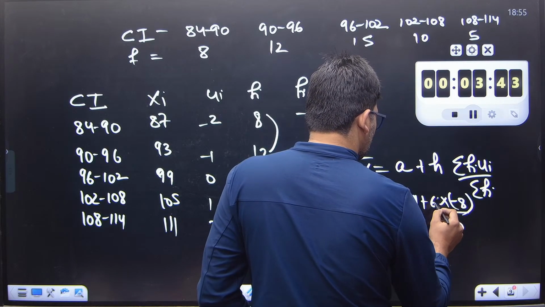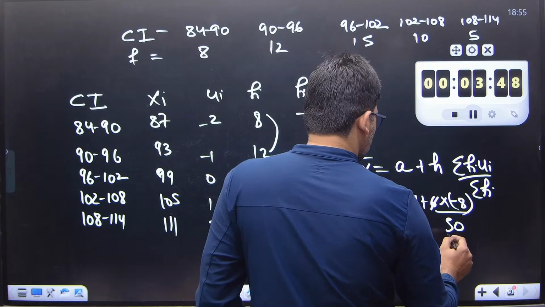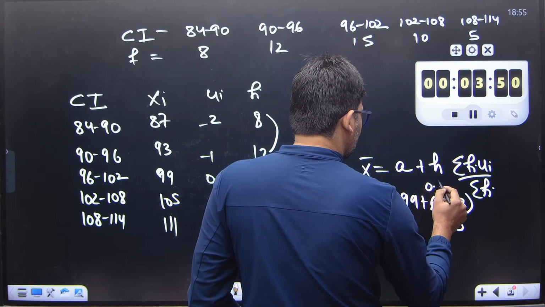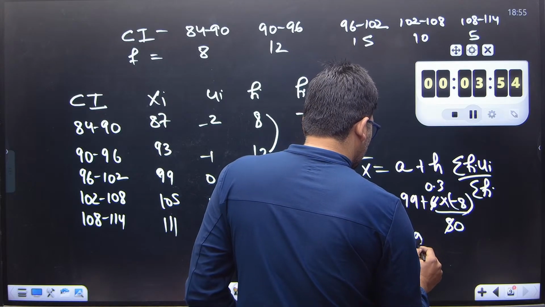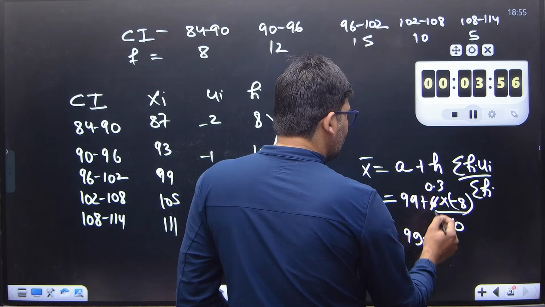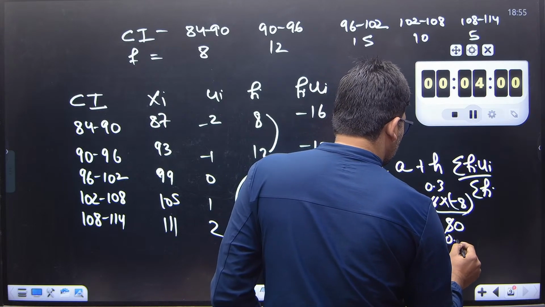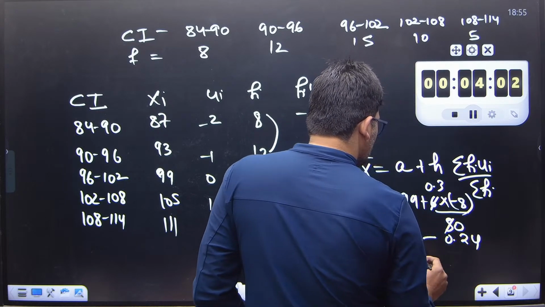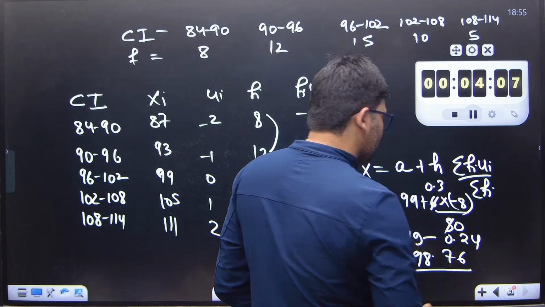So 5 into 0.3. So 99 minus 8 into 3 is 24, with one more decimal you will get 0.24. So 98.76 is your mean.